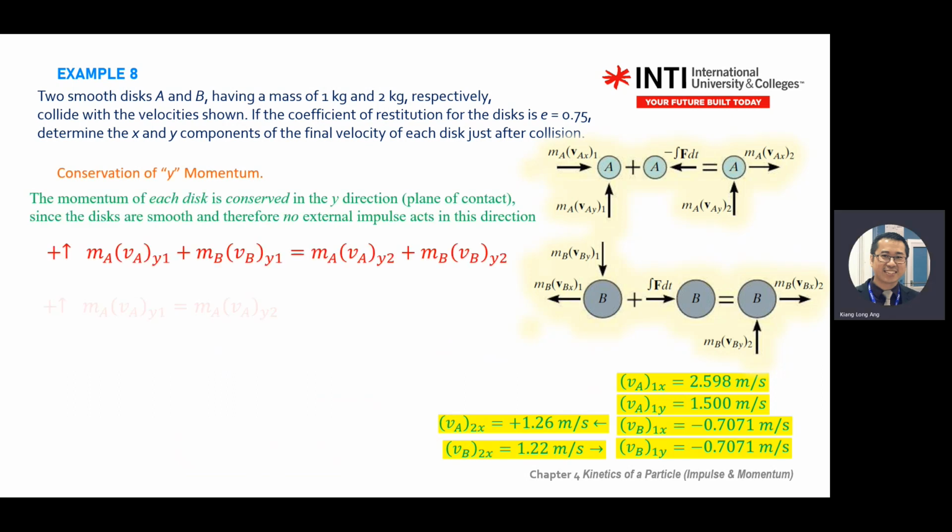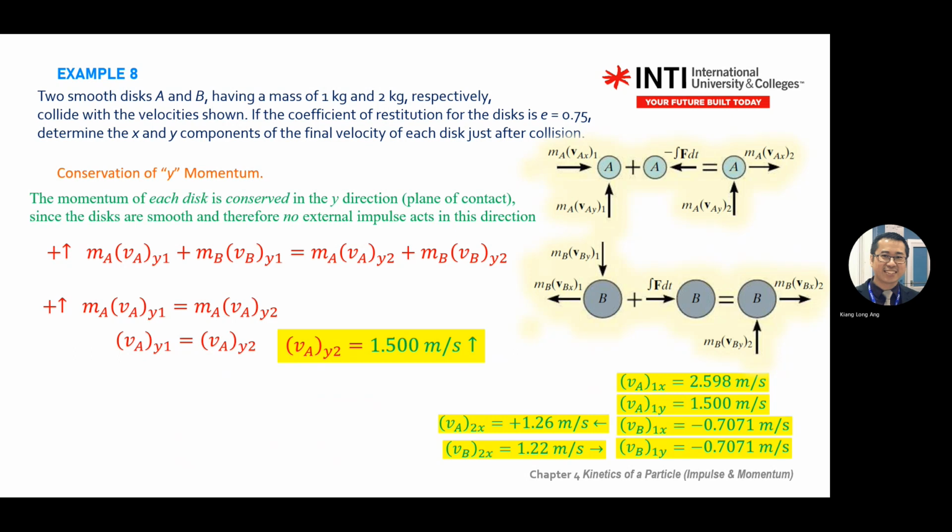Then you do the same for y. Right? For y, you will get your VAY2. Okay.